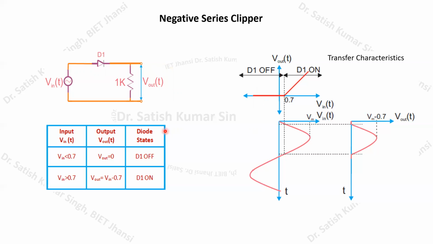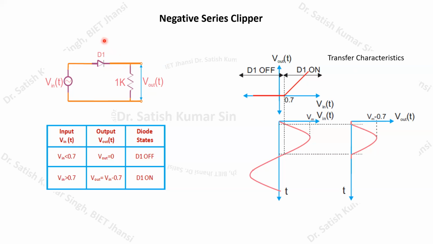Here we have to make this table. At V in less than 0.7 volt, V output will be equal to 0, and in that case this diode D1 will be in the off state. Similarly, when V in is greater than 0.7, V output will be equal to V input minus 0.7 volt, because here we have to write the KVL expression.